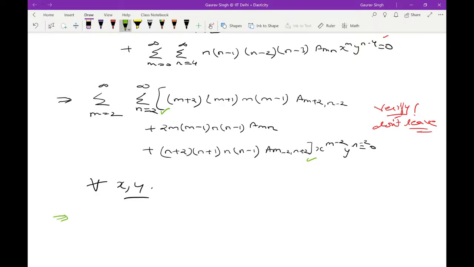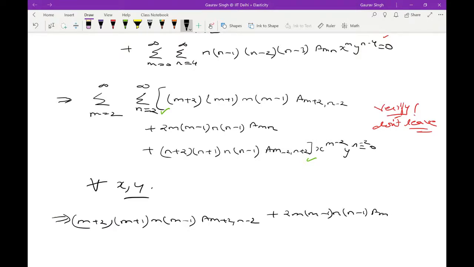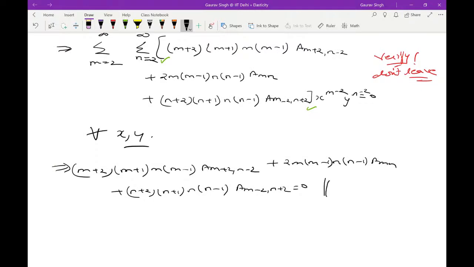So this would mean that (m plus 2)(m plus 1)(m minus 1) A m plus 2, n minus 2, plus 2 m (m minus 1)(n minus 1) Amn, plus (n plus 2)... Okay, so this is the relationship which all the coefficients should have with each other, so that the biharmonic equation is satisfied.